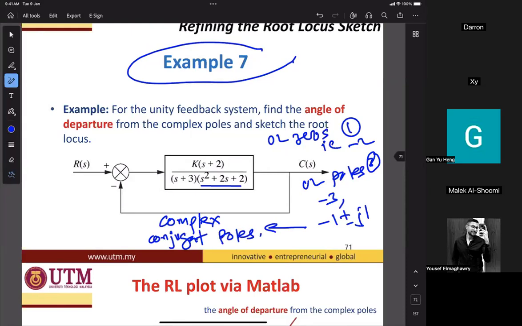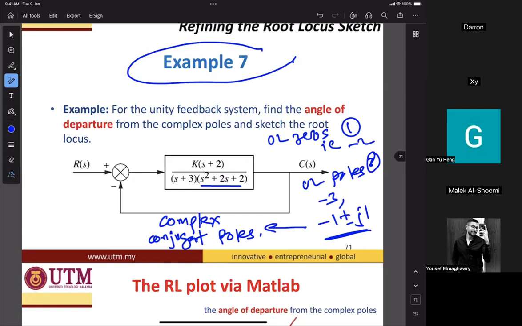-1 plus or minus j1. So -1 plus or minus j1 are two poles.